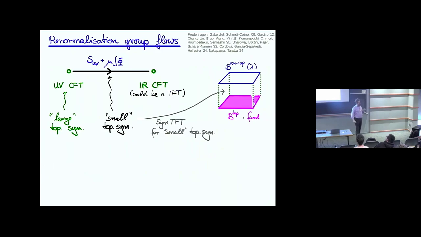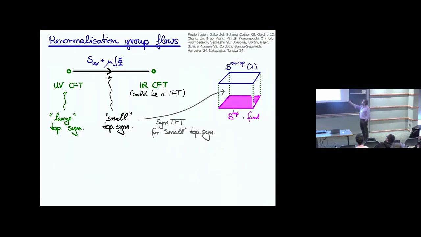Then I said I want to look at applications of topological symmetries to renormalization group flows as one motivation why I then want to talk about these more general defects. So let's remind us what we are doing. So we have some conformal field theory in the UV, and we want to push it off the critical point with some relevant perturbation, and if we are lucky, it'll then flow to some other conformal field theory in the infrared.